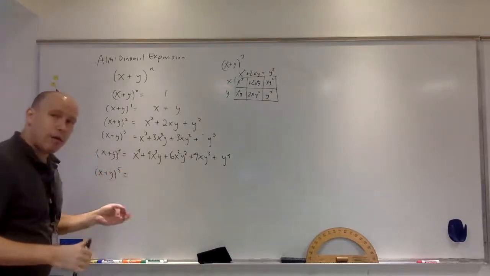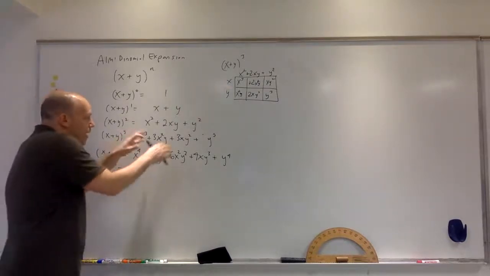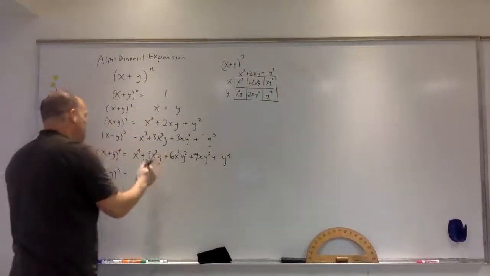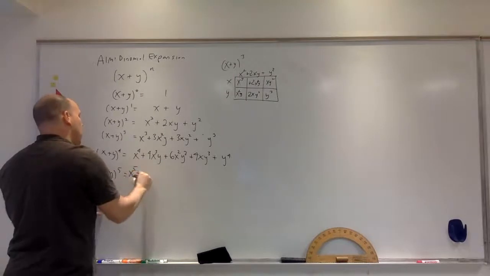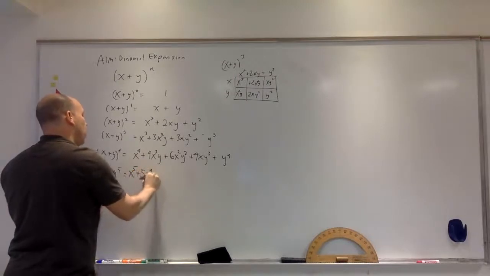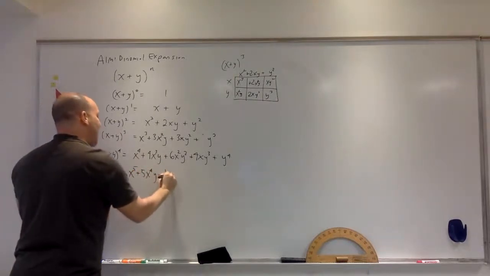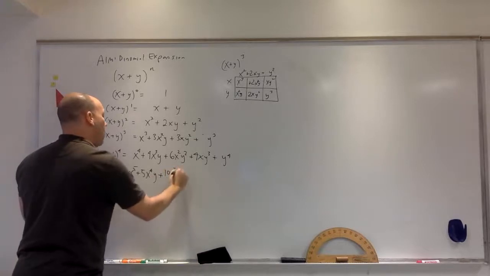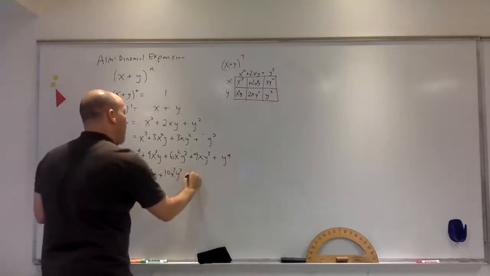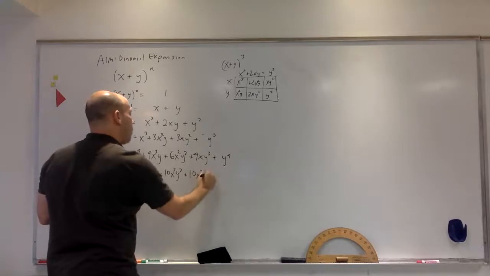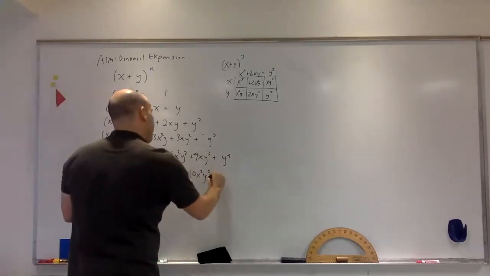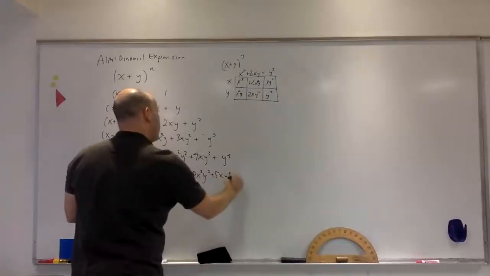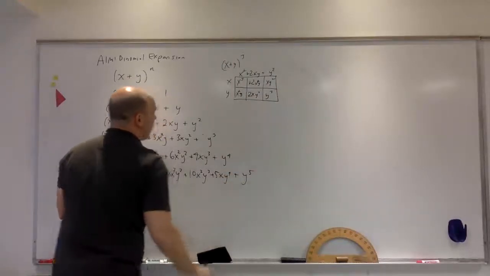And it turns out that, some of you might say, I see what's going on here, but if you did it the long way, you know it's x to the fifth plus 5x to the fourth y plus 10x to the third y squared plus 10x squared y to the third plus 5x y to the fourth plus y to the fifth.